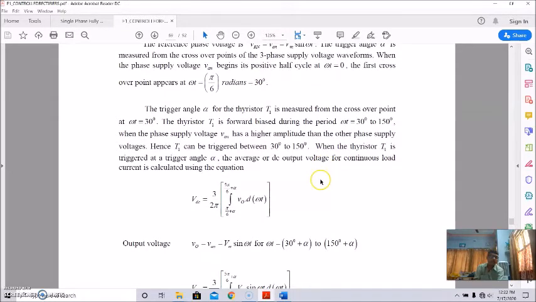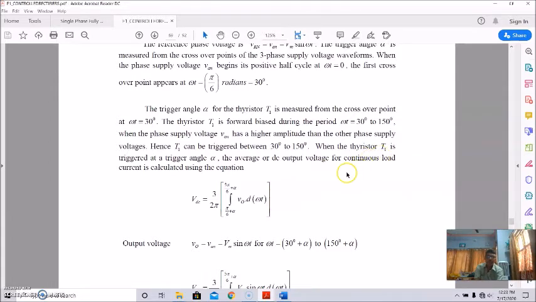So T1 is measured from the crossover point at omega t equal to 30 degrees, and thyristor T1 is forward biased during the period omega t equal to 30 degrees to 150 degrees, when the phase supply voltage Vn has a higher amplitude than the other phase supply voltages. Hence T1 can be triggered between 30 degrees and 150 degrees of omega t, so it will be in the forward biased condition.